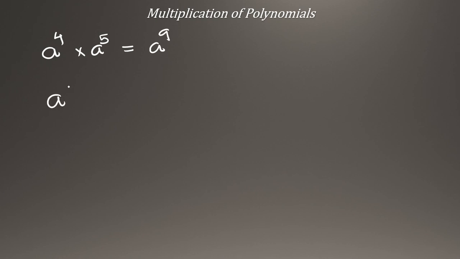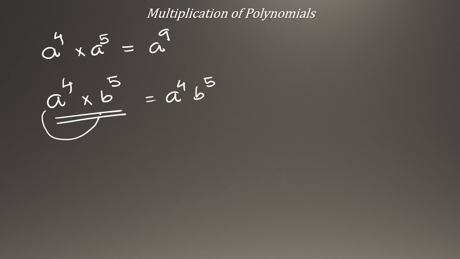But if I multiply a to the power 4 with b to the power 5, then it cannot be simplified. It will be like this only: a to the power 4 and b to the power 5. Why is it so? Because a and b are not like terms. They have different variables, so their powers cannot be calculated with each other, and the same goes for division also.